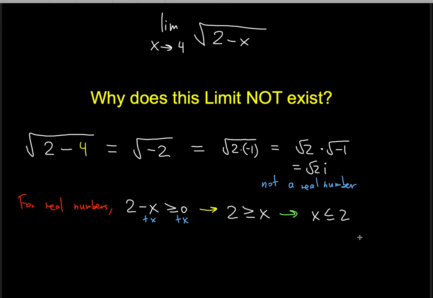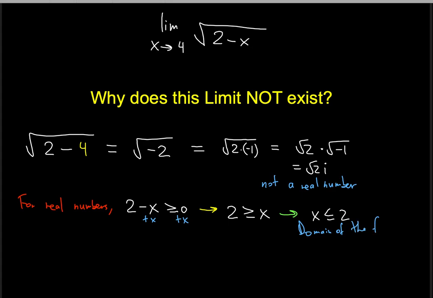So there's no way that 4 can be even considered for the x. x cannot approach 4 for this reason, because the function is not defined at 4, right? Basically, this is the domain, right? We will call this domain of the function.